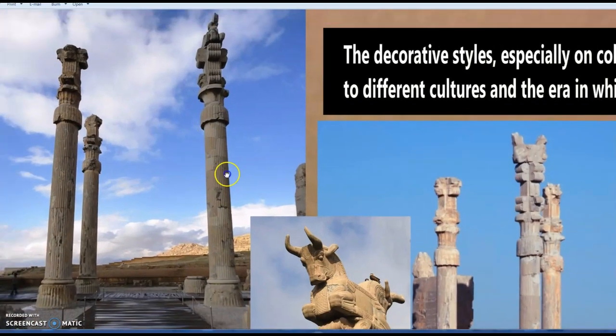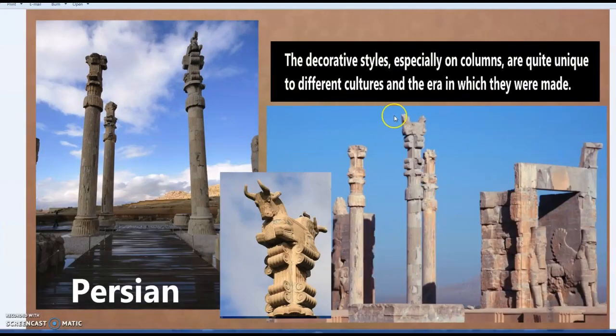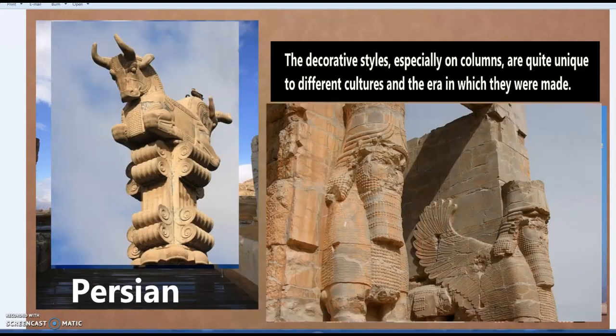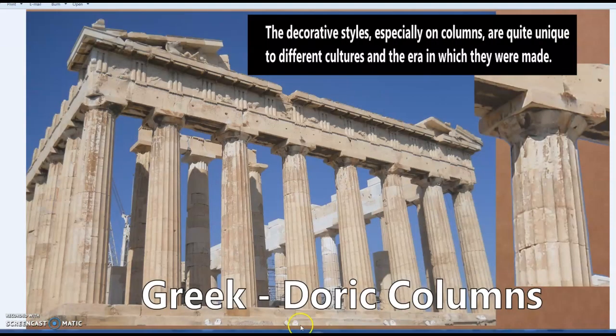So the decorative style, especially on columns, is unique to different cultures and to different eras, and it's a giveaway of when and where you are, and this would be an example of a Persian style of architecture. So we see a close up there, like the Lamassu and the twin-headed bull, but also these, again, column styles give you an idea of where you are.